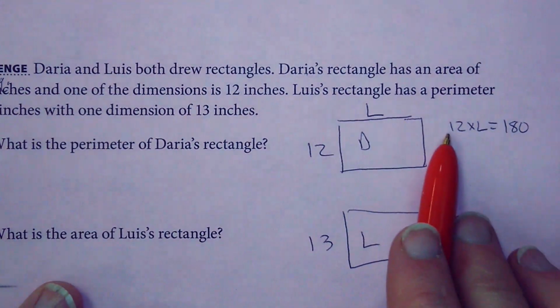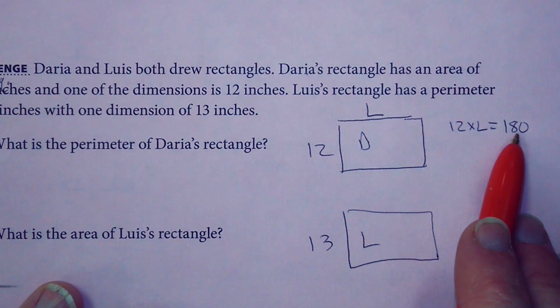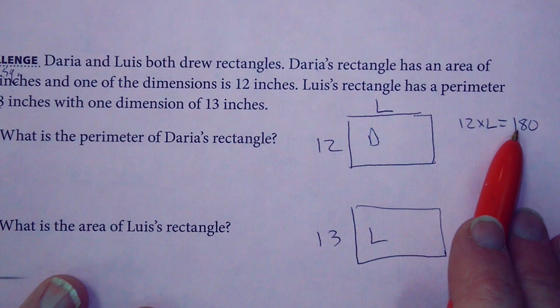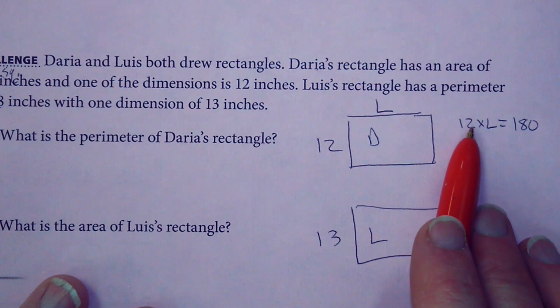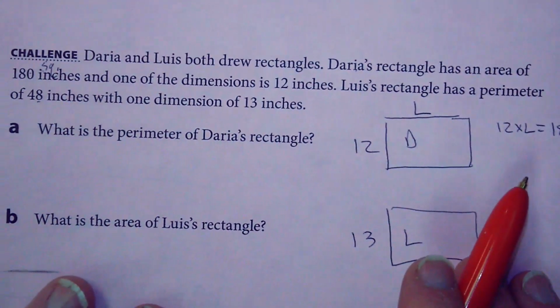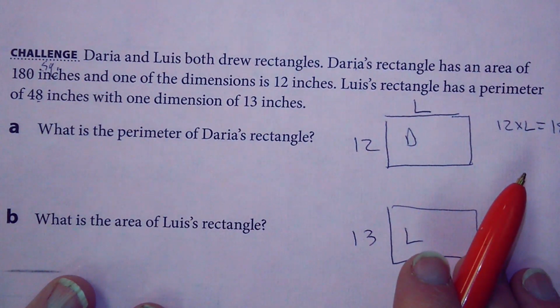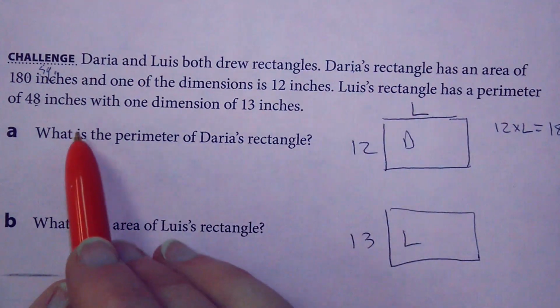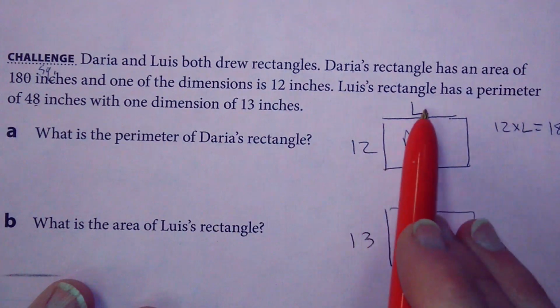So you're going to have to figure out how many 12s fit in 180. And you could divide, use a ratio table. I'm going to let you decide. But remember, 10 times 12 is 120, so it's going to be bigger than 10. Okay? And then after you figure out what the length is, they want to know the perimeter. So you'll add up all the sides.